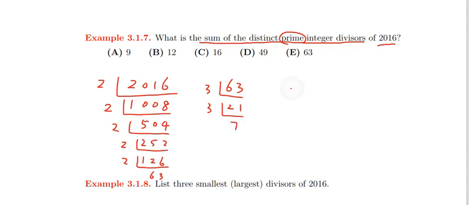So finally we factor 2016 as 2 to the 5th power, 3 squared, and 7.